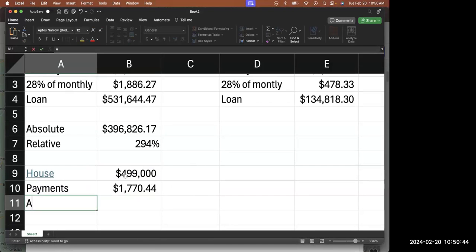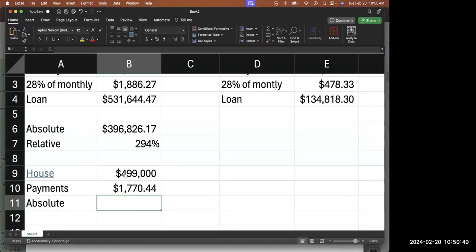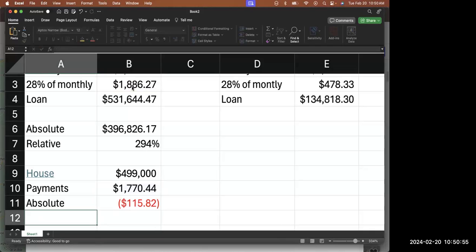So the absolute change would be the new minus the old. Okay, so that's a negative value. And that's good, right? That means I'd be saving that amount of money each month because I'm not spending that on my house payment.